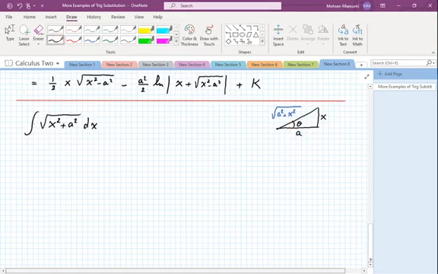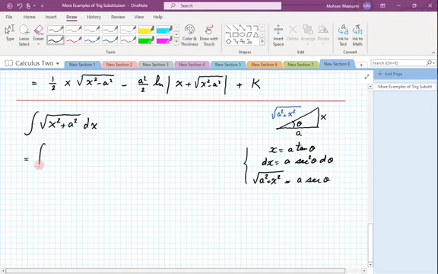So in this picture, we will have x is equal to, of course, a tangent of theta, and therefore dx is going to be a secant squared of theta, and then the radical is of course going to be a secant theta.